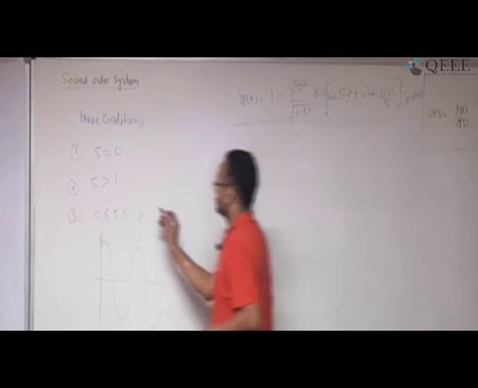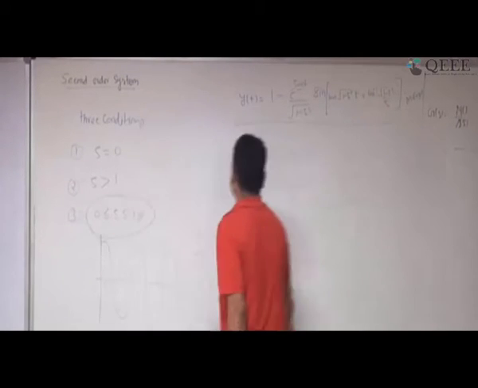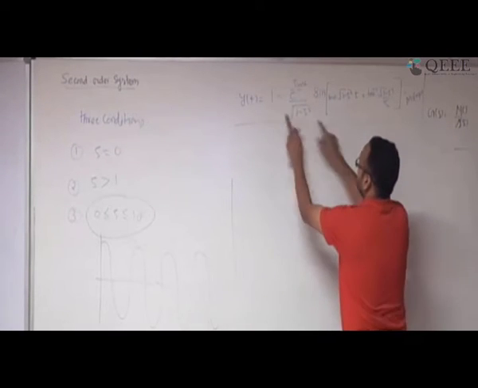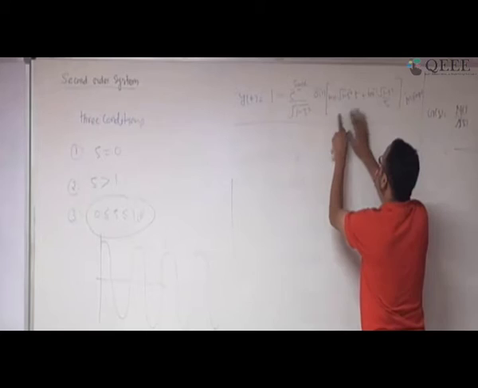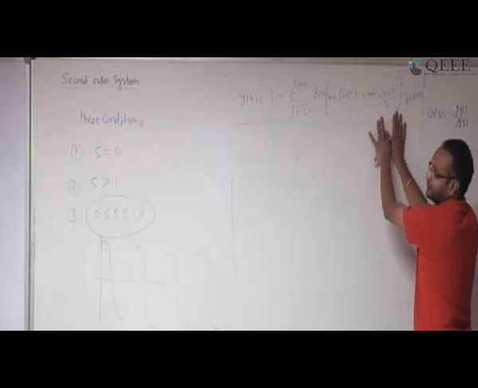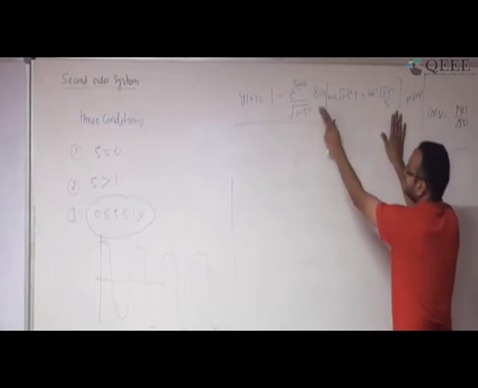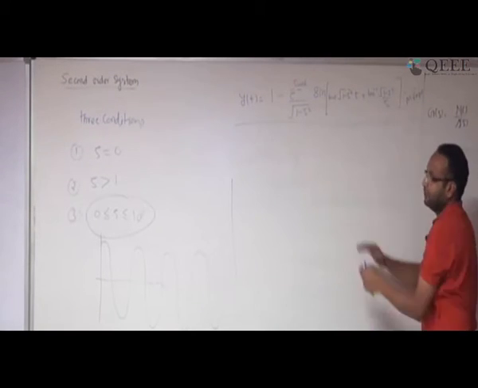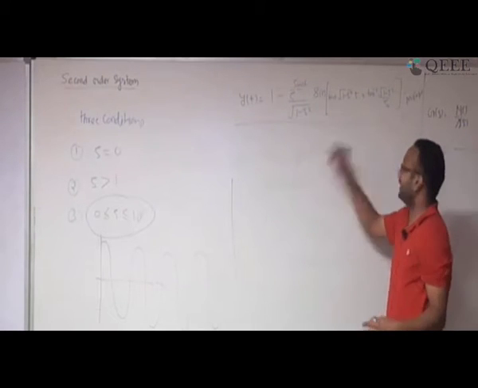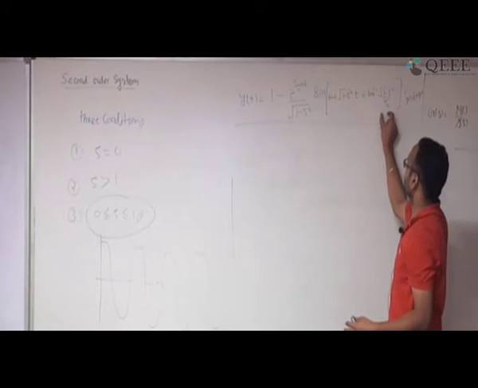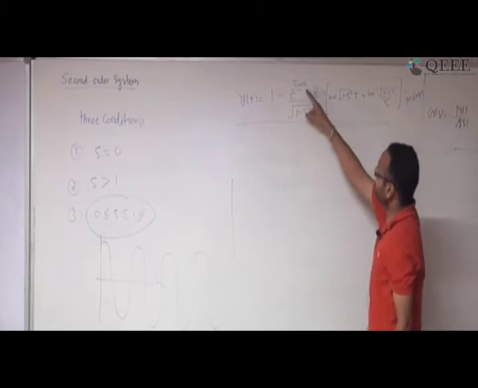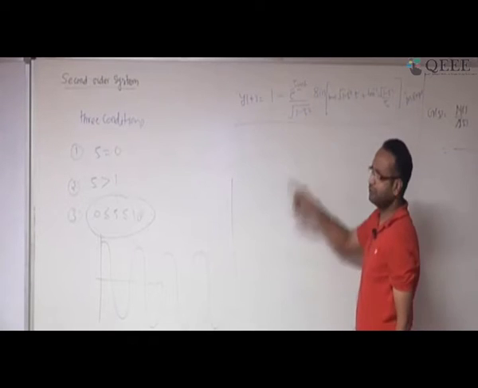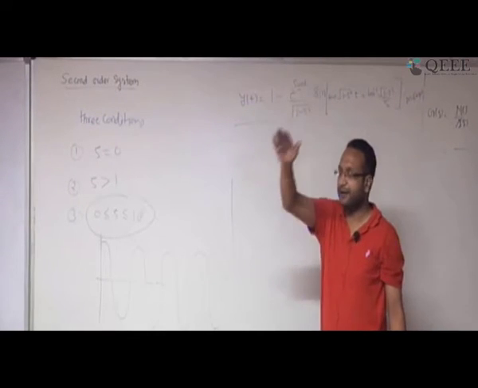If you take zeta between 0 and 1, look at this term, 1 minus this term, sine of omega t plus phi. This is some sine omega t with some offset phi, because it is not a function of t. And e to the power minus zeta omega n t is multiplied by some constant, so the exponential function will be coming down.